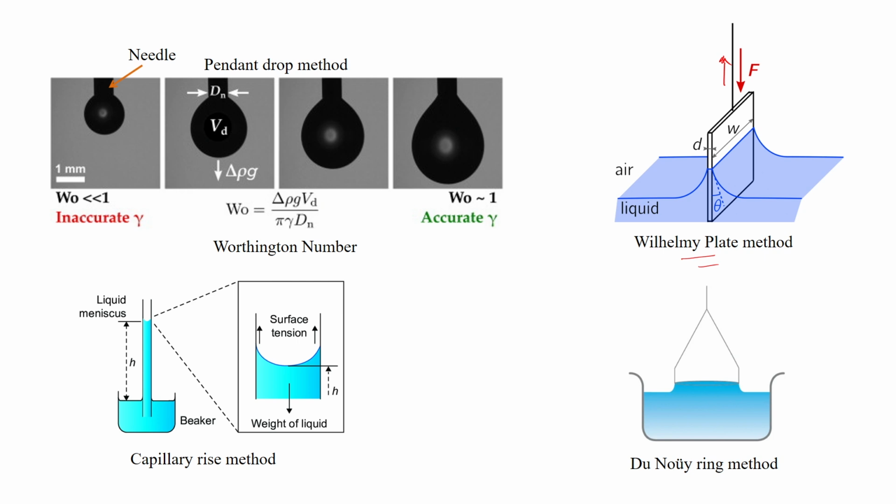Then the capillary rise, as I was describing. The liquid can rise because of the pressure difference across this interface. We can show that the liquid rises to some extent.